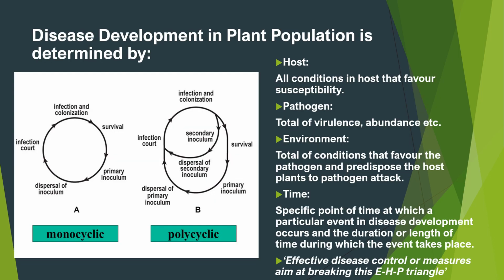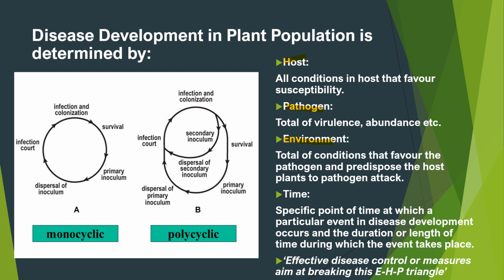So how does disease develop? Disease develops because of the interaction between the host, the pathogen, and the environment. Sometimes the conditions of the environment make a host susceptible, or sometimes the genetic makeup of a plant makes it susceptible to a pathogen.